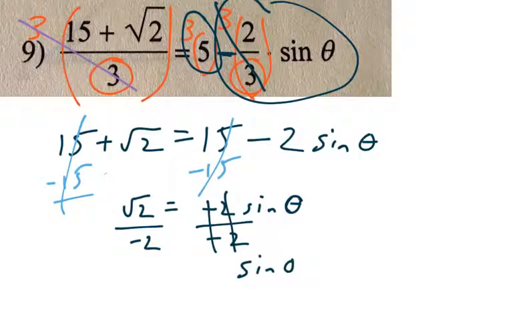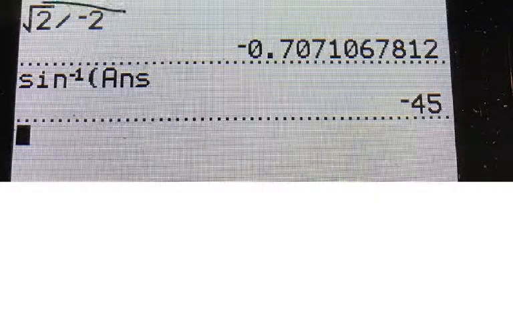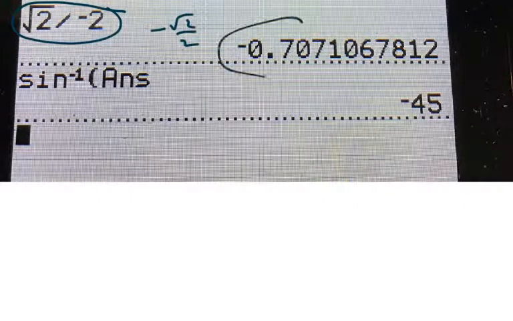My sine, notice, is a negative square root 2 over 2. Again, if you know your unit circle, you should know what value is negative square root 2 over 2 already. But let's say you didn't. You could go to your calculator. Here's my square root 2 over negative 2, same thing as negative square root 2 over 2, which is negative 0.707.